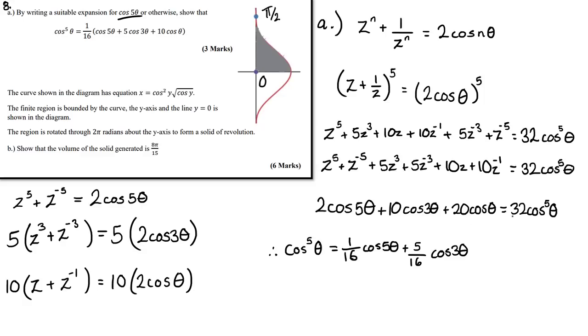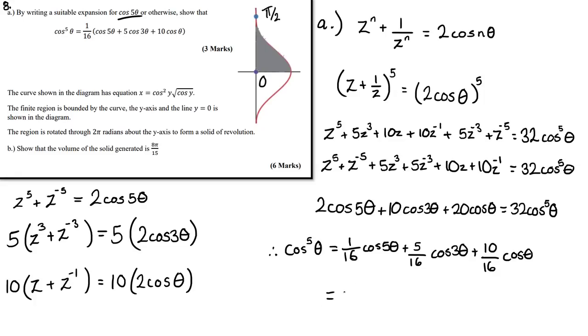And then finally, 20 over 32, that's the same as 10 over 16. So I get 10 over 16 cos theta. And then finally, just to get it in the very exact form that they've got here, all I need to do now is factor 1 over 16 out.